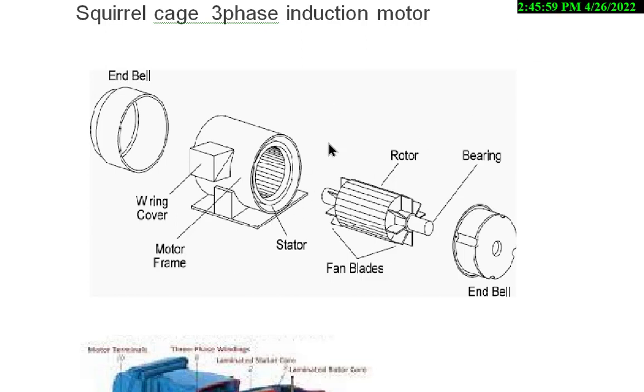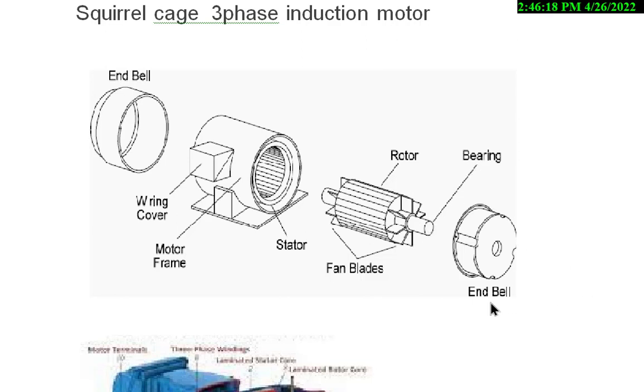In the squirrel cage three-phase induction motor, this is called the stator and this is called the rotor, with bars as the rotor conductors, which cannot be changed once it is manufactured.